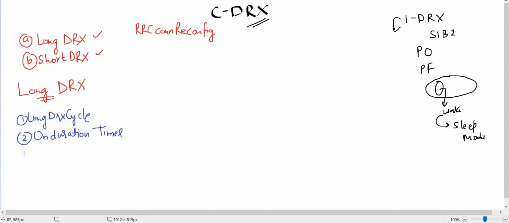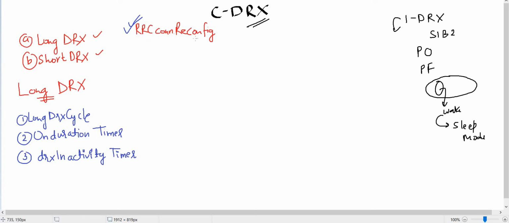And the third parameter is the DRX inactivity timer. All these parameters are provided to the UE using this RRC connection reconfiguration message.